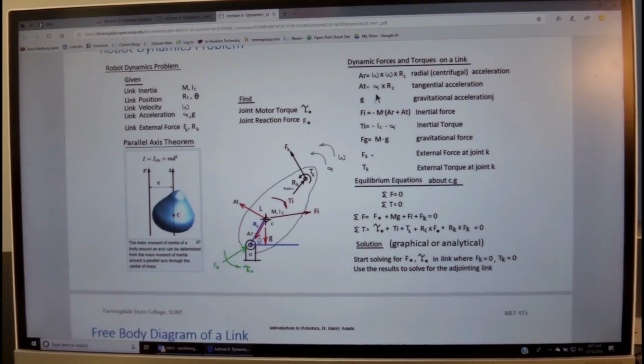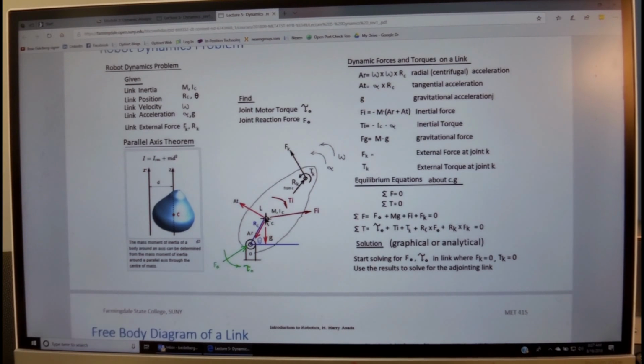This is the magnitude and the direction. This is a cross product, and the direction we see in 2 dimensions will be, if this is, for example, alpha, then the tangential acceleration will be in the direction of alpha, and the centrifugal acceleration will be from the center of gravity into the point of rotation.